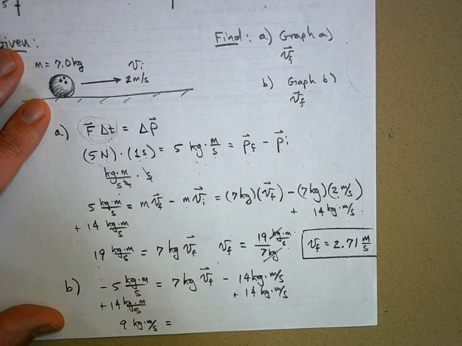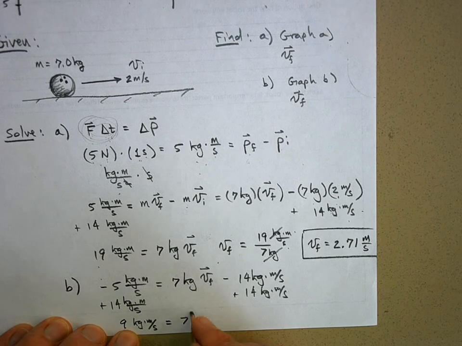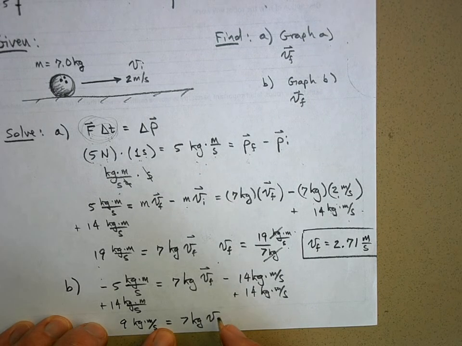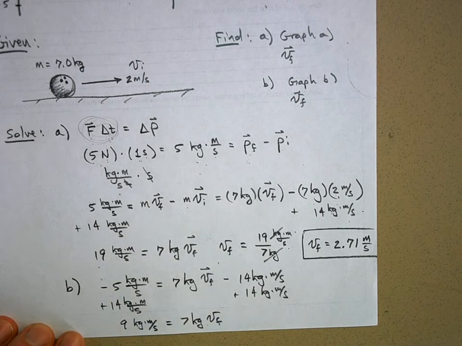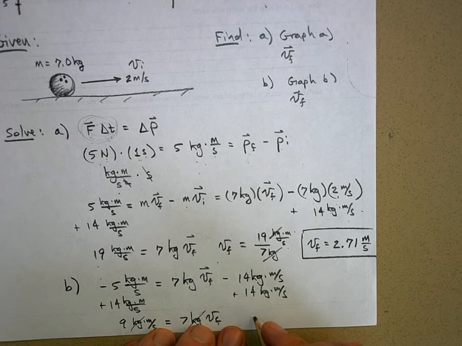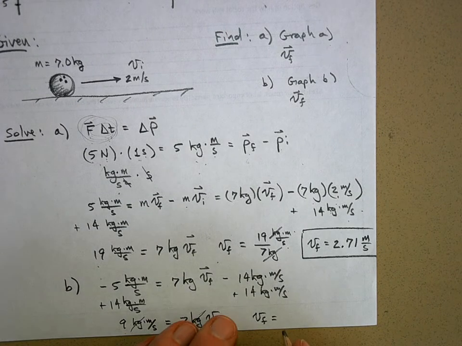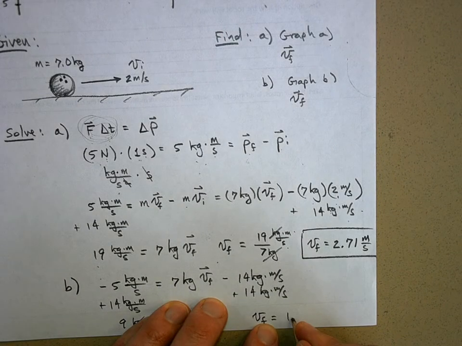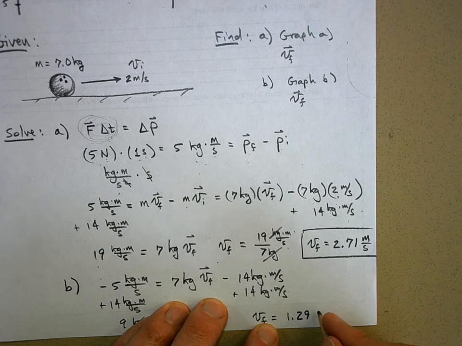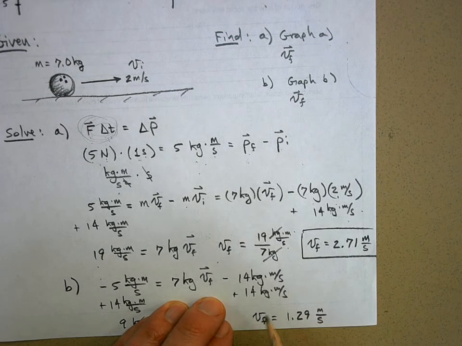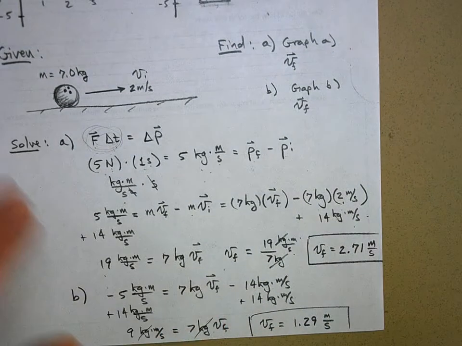And that's going to be equal to 7 kilograms times our final velocity. So divide both sides by 7 kilograms. The kilograms cancels. And our final velocity is 1.29, if we round it off, meters per second. Now, this makes a lot of sense.